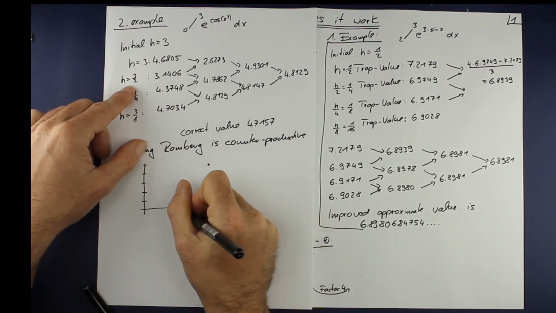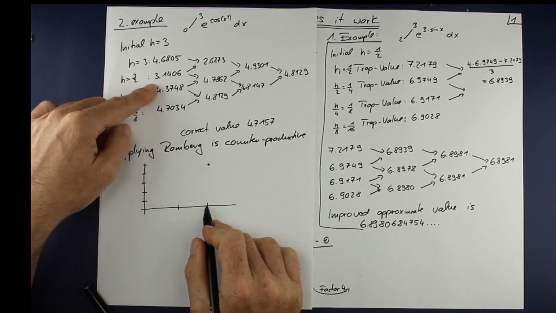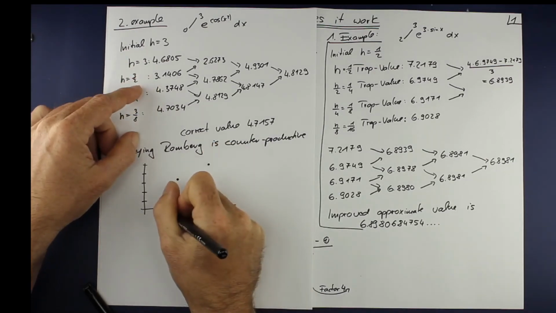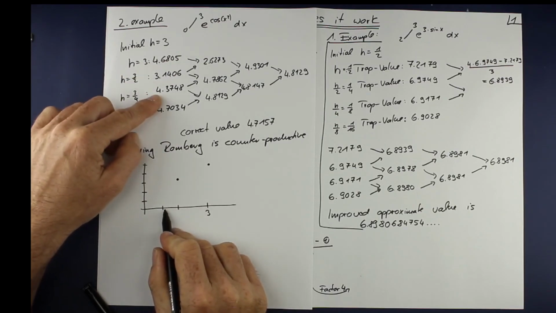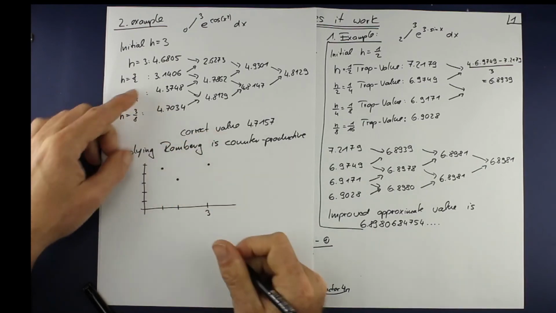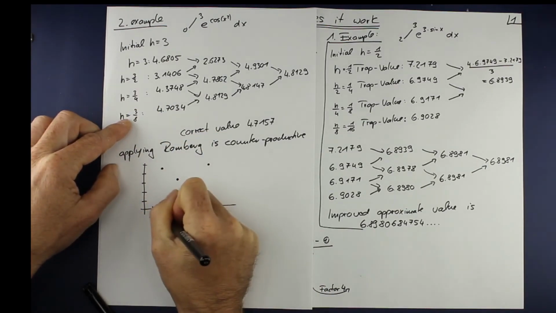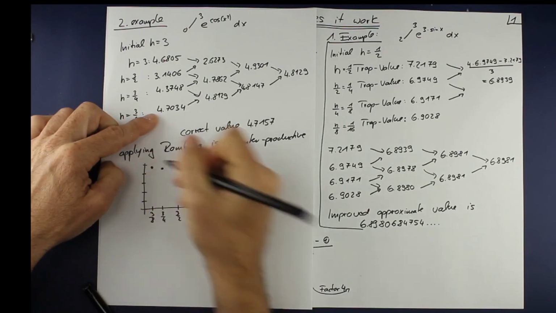Then 3 divided by 2, half the distance here, we get 3.14, this value. Then 3 divided by 4, divide that distance, we get 4.37, and then we are here. And then using h is 3 divided by 8, and we get 4.7, so this value.